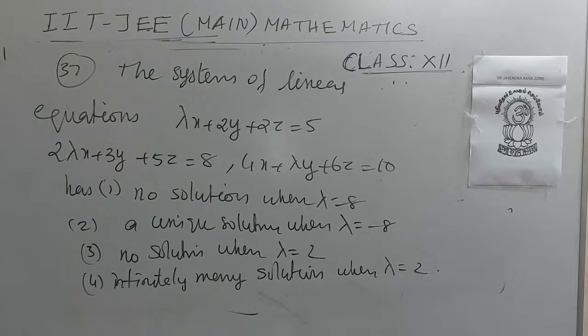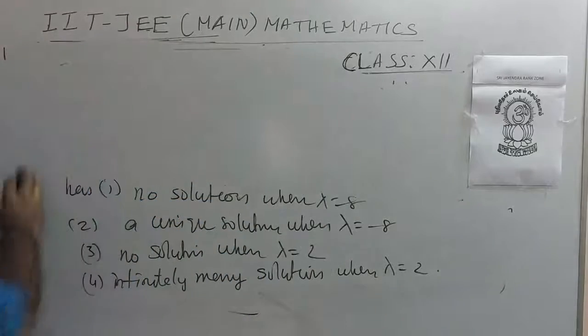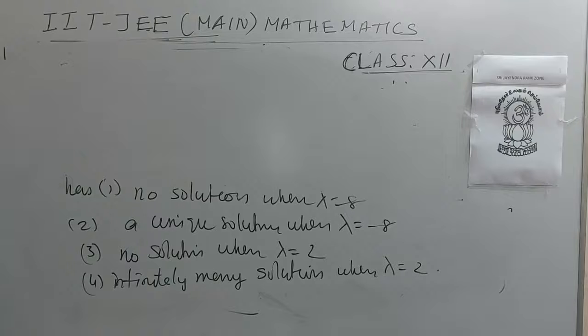We have to find which one is suitable. For this, first you find delta, because lambda lies inside the coefficients of x, y, z.